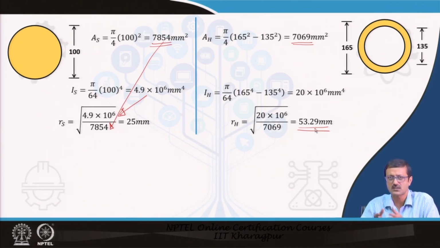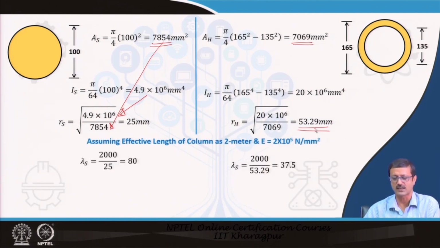So, it is much wider. This ring may have almost the same area as the solid section, but the mass is more outwardly distributed, whereas in a solid section it is very cozy. So, I got the R value.